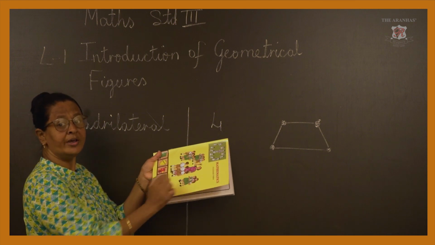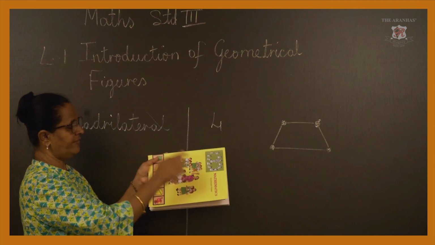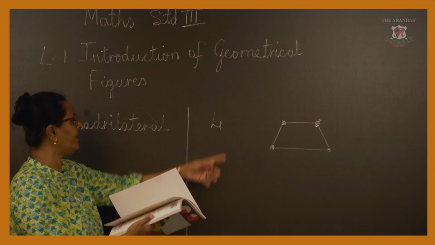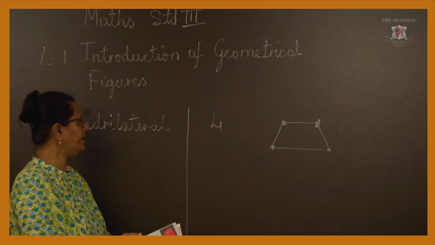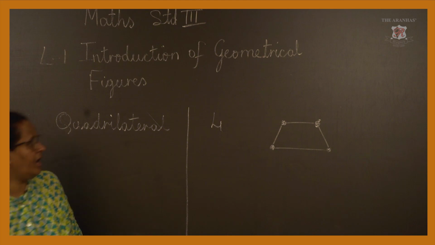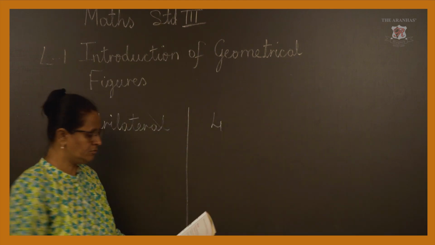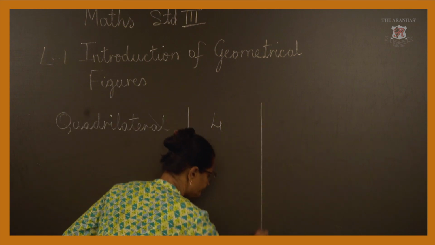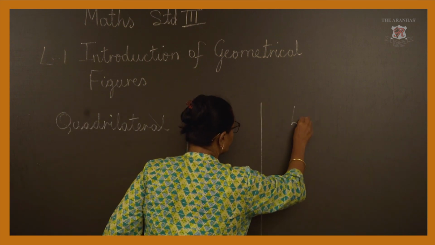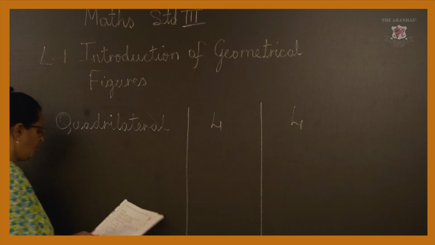So, these are the edges, these are the corners. So, how many corners are there in that figure? Can you tell me? 4, correct. There are 4 corners to the figure, right. Let us move on to the next figure. What figure is it?